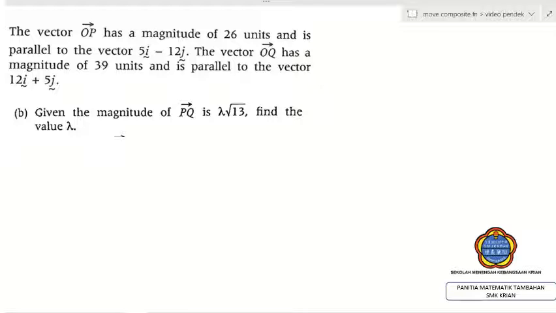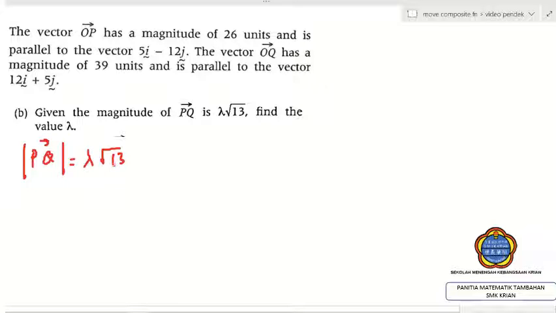Write down the question. What is the information given? PQ magnitude is equal to lambda 13. Right now we know the magnitude, but still we don't know the vector of PQ. Okay, what is the vector of PQ? Let's get the vector of PQ.